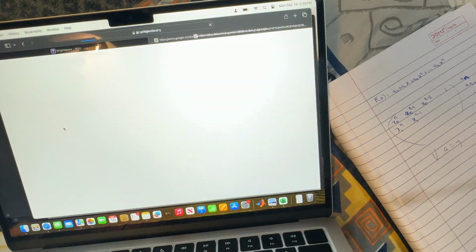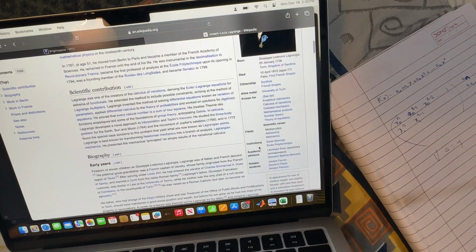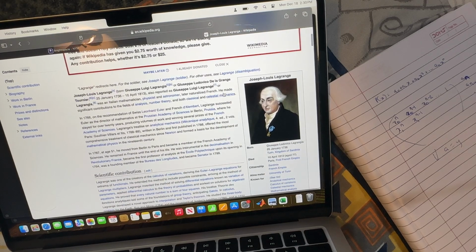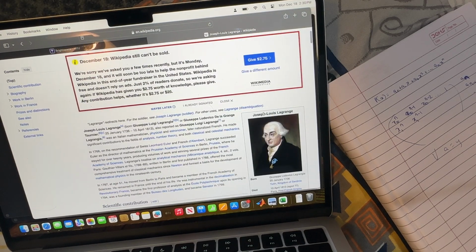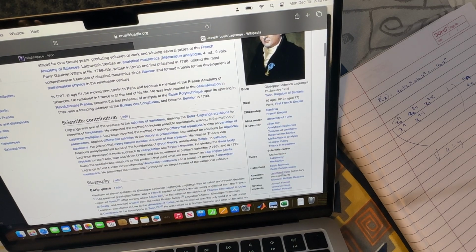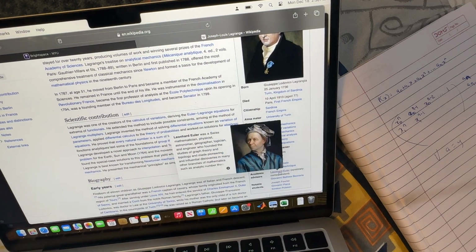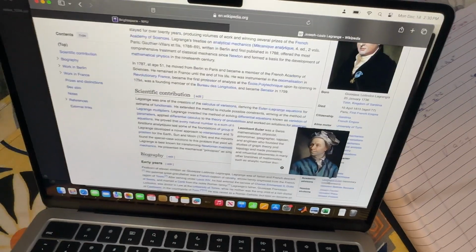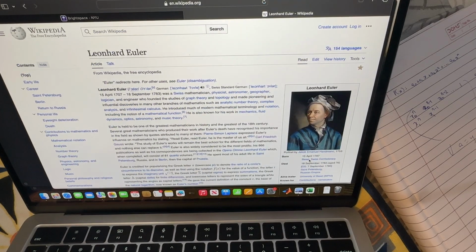This was a French guy. Definitely. His name is Joseph Louis. Oh, Euler. His academic advisor was Euler.